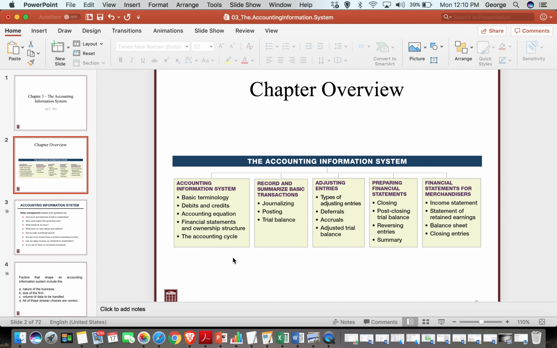Then we'll prepare our financial statements, first making our closing entries. The closing entries, of course, are for your income statement, or what we call nominal accounts. Then the post-closing trial balance, reversing entries in brief, and then our financial statements, using a merchandiser as an example.